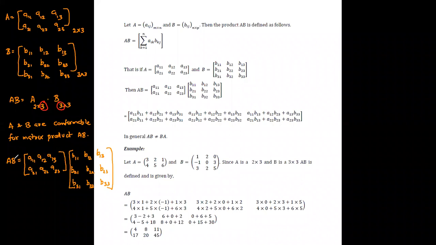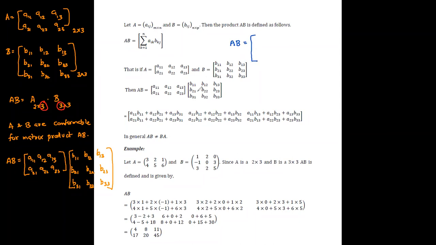We'll start from the first row. Always we are selecting a row from the first matrix and a column from the second matrix. Here this is our matrix A and the other matrix is matrix B. Then if you need to obtain the matrix product, in this form we can easily obtain the values.